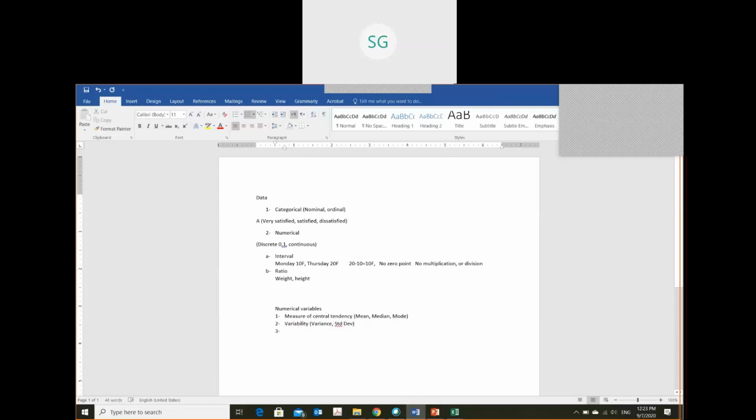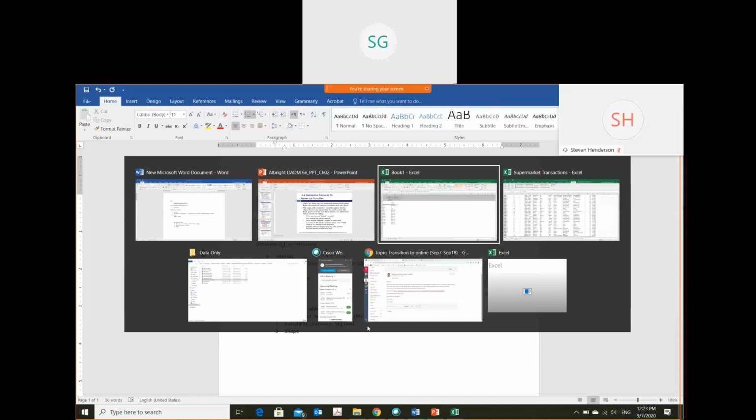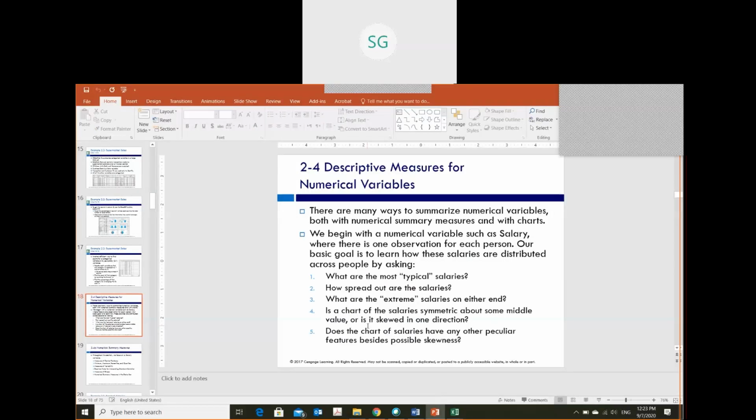And also we want to know the shape of our data, or the distribution of our shape. Typical salary or typical value is all about measuring the central tendency, or measuring the average, mean or median.